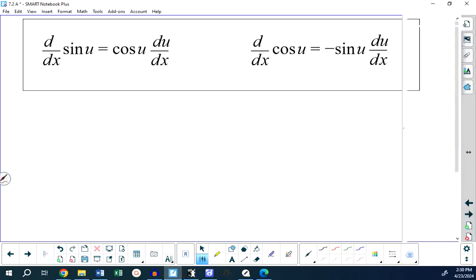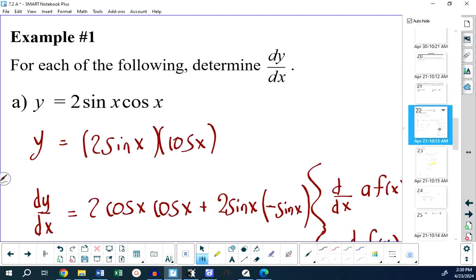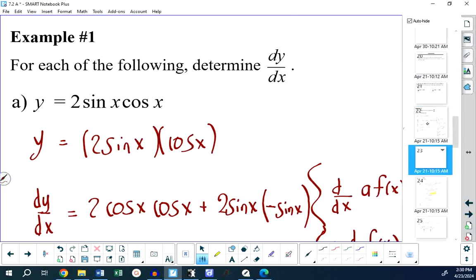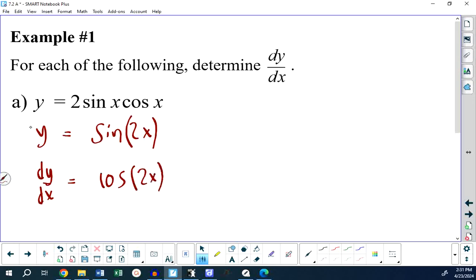And I want to go back and show you something. When we take a look at A, this is sine of 2x, isn't it? Without differentiating, that's what that is. So what's the derivative of this function? I'll put brackets here just to make it clearer. The derivative of this function with respect to x is the derivative of this function with respect to 2x times the derivative with respect to x of 2x.